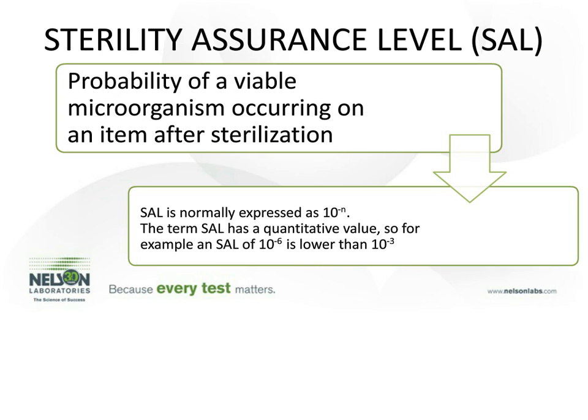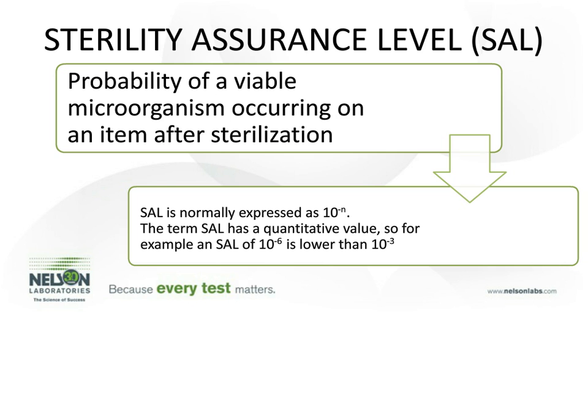And this has already been mentioned. It was in the title, but we can't go anywhere without talking about sterility assurance levels. The definition of that is the probability of a viable microorganism occurring on an item after sterilization. Now, it's good to note that an SAL is normally expressed as a 10 to the minus number.